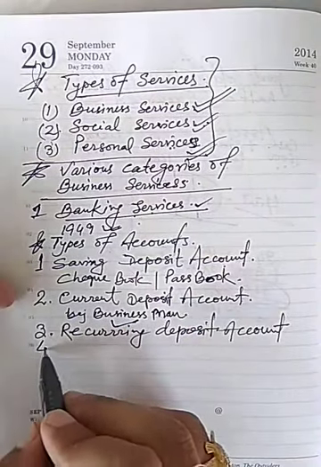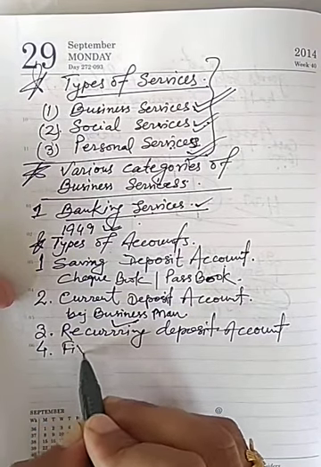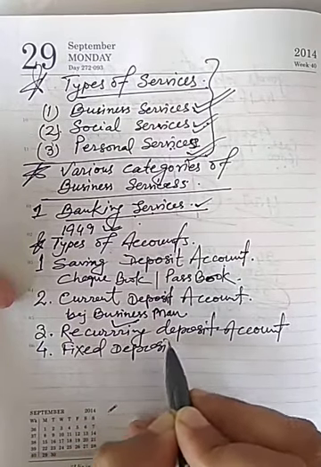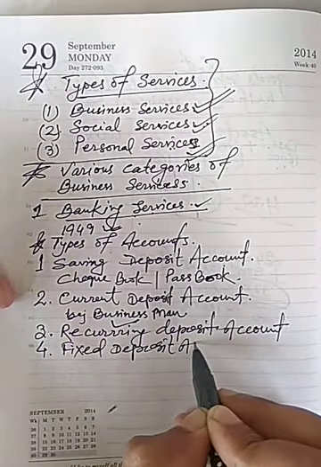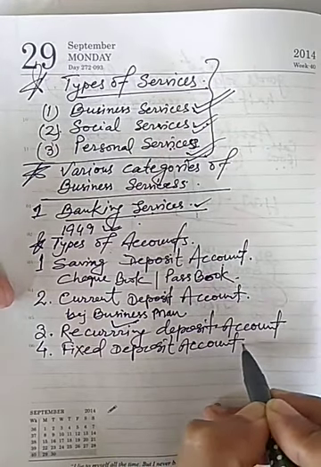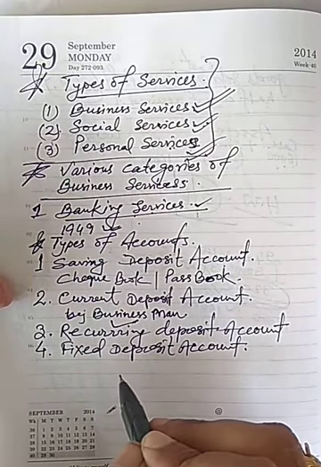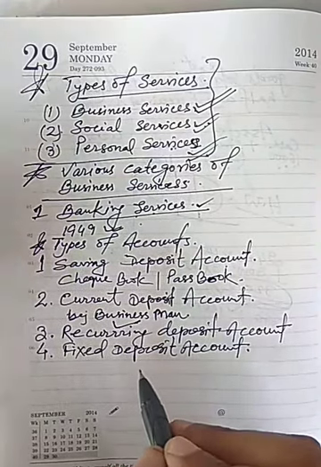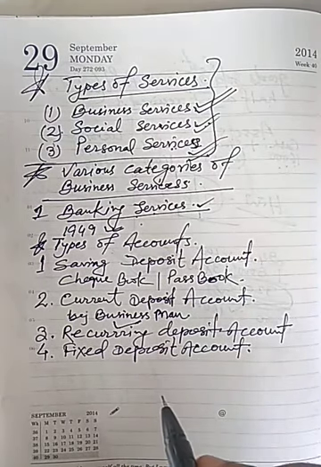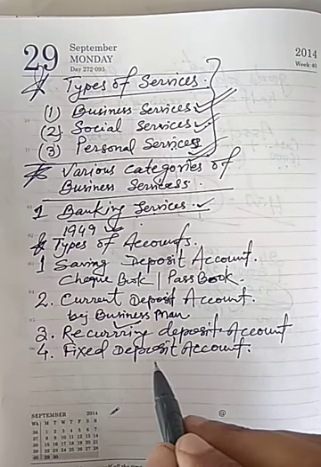Now the fourth type of account is the fixed deposit account. A fixed deposit is repayable after the expiry of the specific period. The period may vary from 6 months to 5 years.